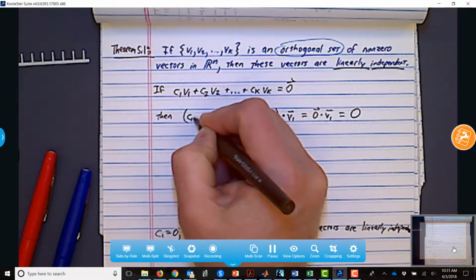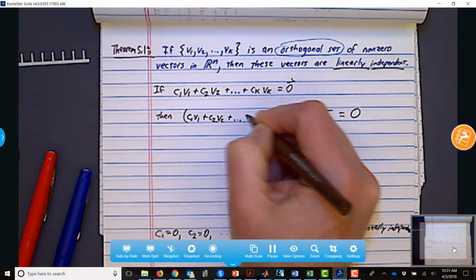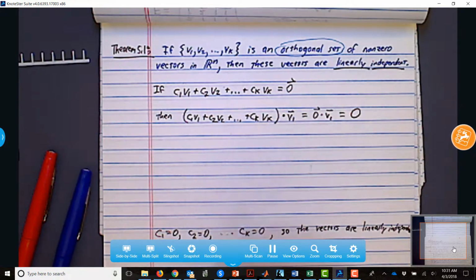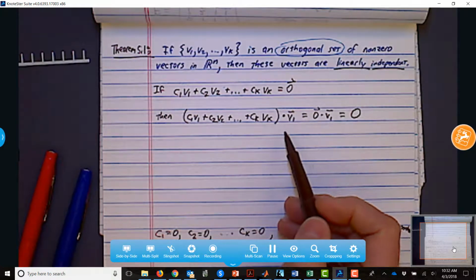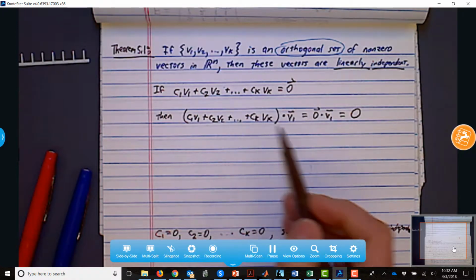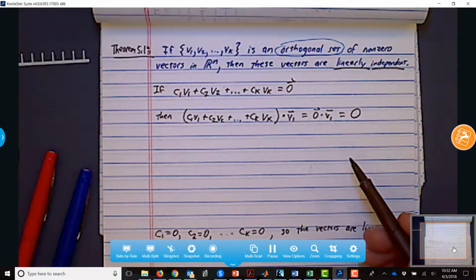So now, let's look at the left-hand side and see what I learned from that. Because this is C1V1 plus C2V2 plus dot dot dot plus CKVK. What do you think I should do next on the left? Can you distribute with a dot product? Well, yeah, you can. You can distribute actually with matrix multiplication too, but with dot products, yeah, that's a property.